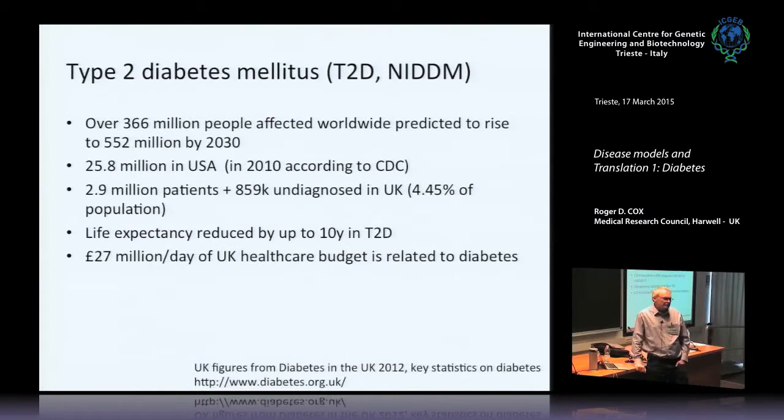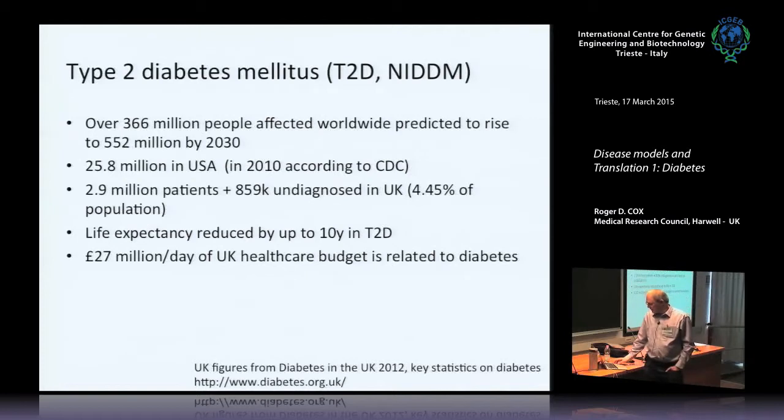Life expectancy is reduced by diabetes by about 10 years. And as an example, in the UK, the healthcare budget spent on diabetes and diabetes-related complications is around £27 million a day. These are figures from 2012, so it's going up all the time.